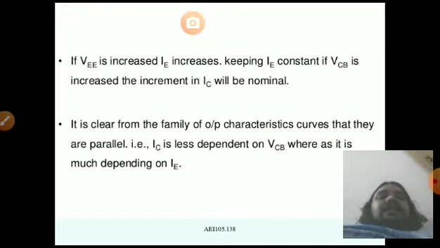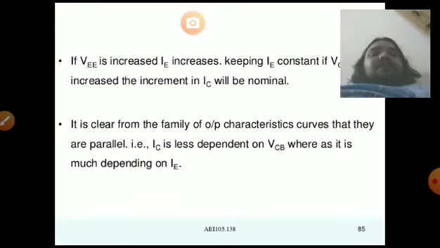If IE is increased, IC increases. If VCB is increased, the increment in IC will be small.